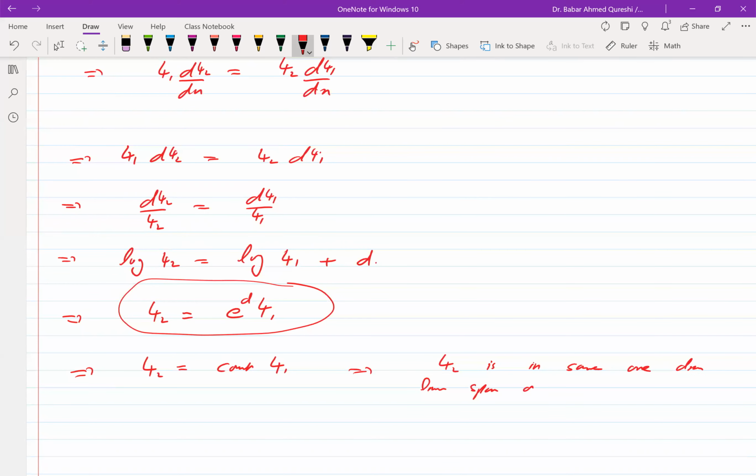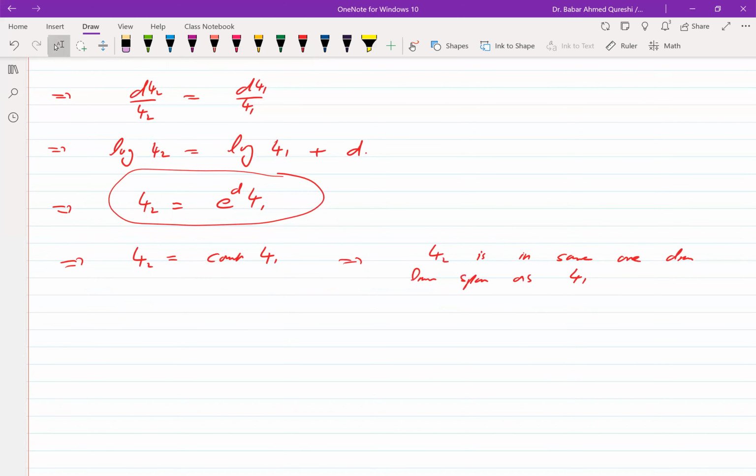So psi 2 is a multiple of psi 1. They're not linearly independent. We assumed that they are linearly independent, but they are not. Since they were arbitrary, if you pick any two functions which have the same eigenvalue E, they will be multiples of each other. So that means there is no degeneracy.